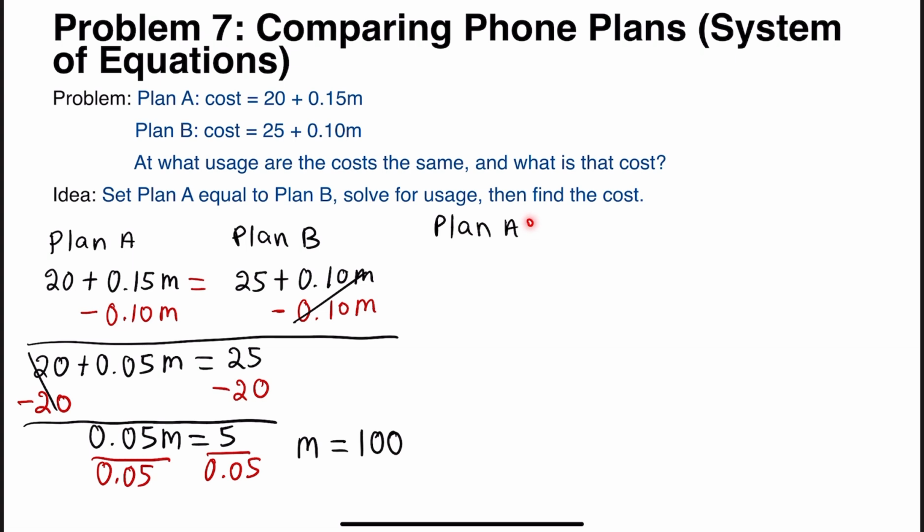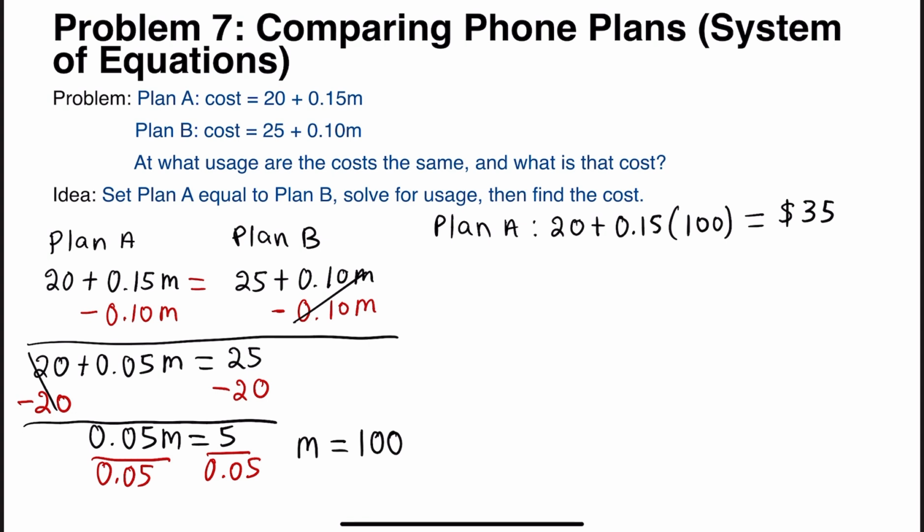So that is 20 plus 0.15, and m is 100. And that is equal to $35.